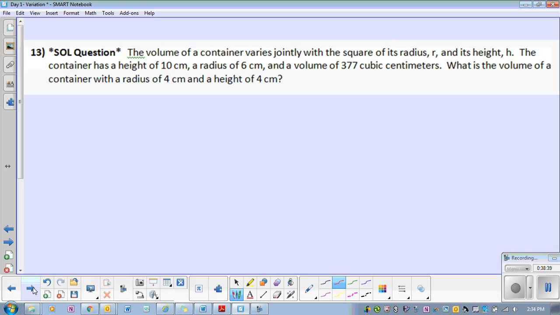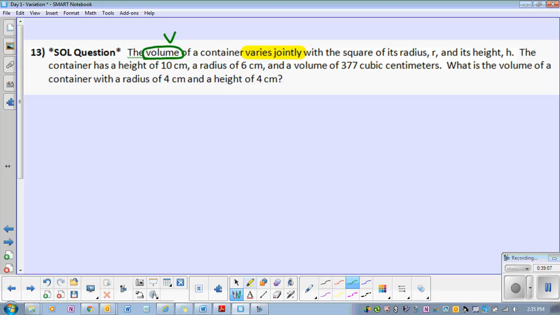All right, so number 13. This is an SOL problem. Even though it has a whole lot of words, just pick out your key words. Varies jointly. What varies jointly? Volume.